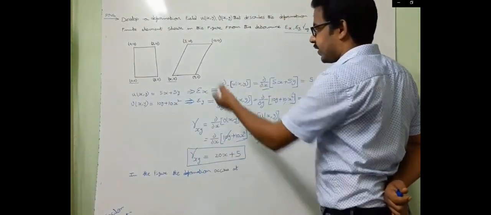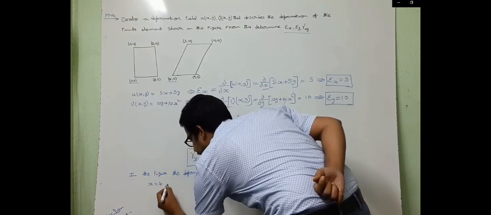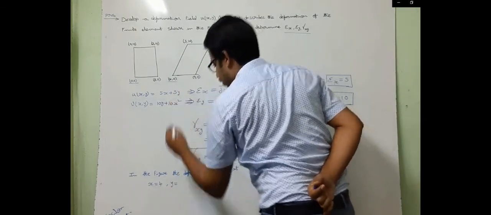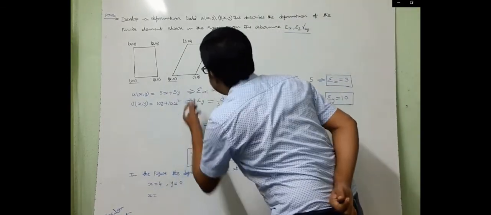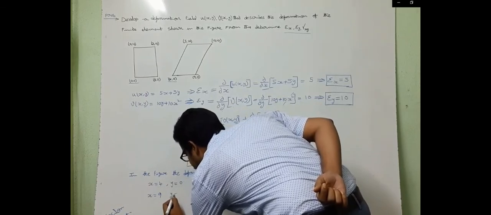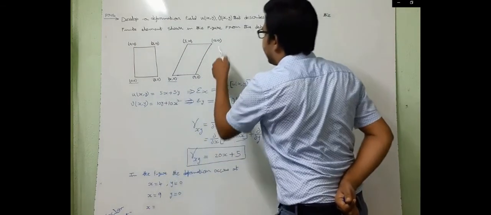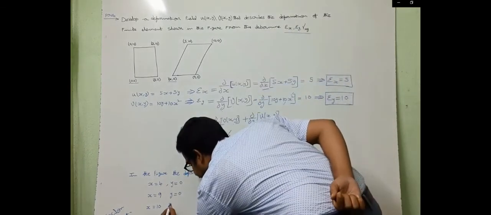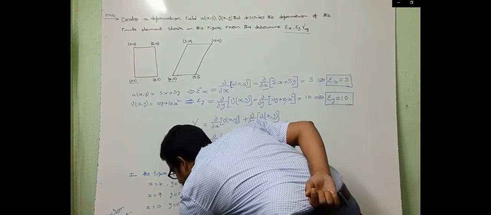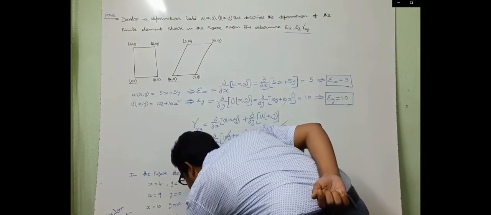We need to calculate the deformation values. x equal to 4, y equal to 0. Remaining points: x equal to 9, y equal to 0; x equal to 10, y equal to 10; and the last point, x equal to 5 and y equal to 10.